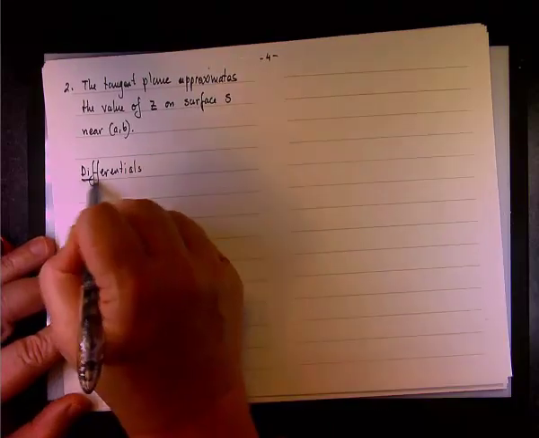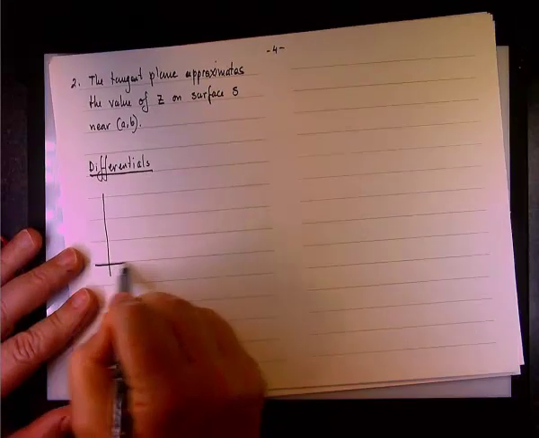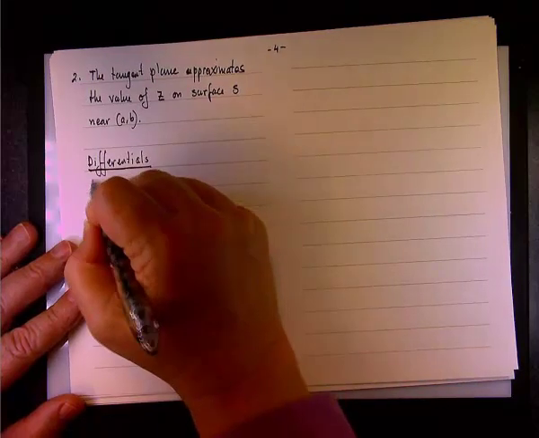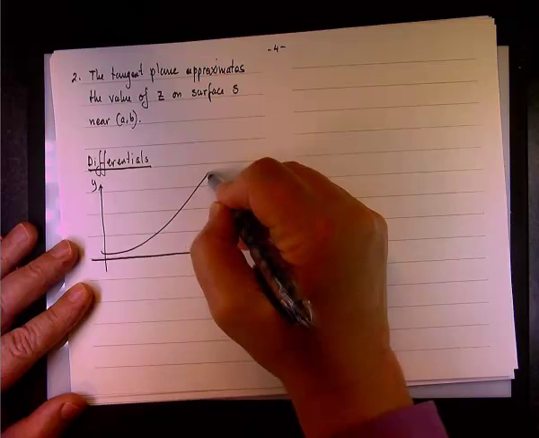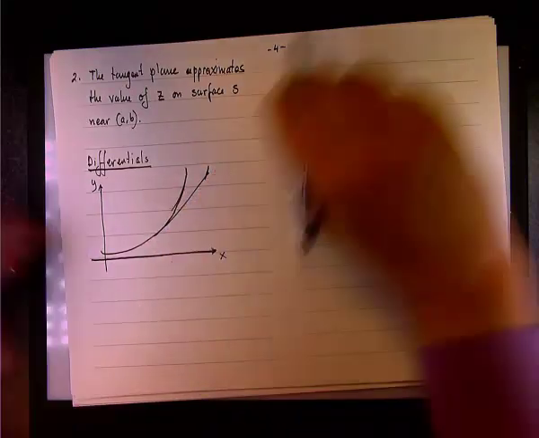So the next topic is differentials. Let me go back to Calculus 1 and just draw, and this actually answers your question, Jake. This is what we learn in Calculus 1.